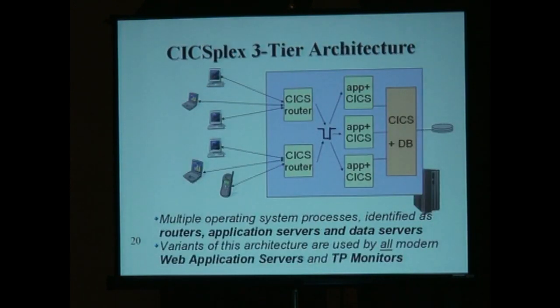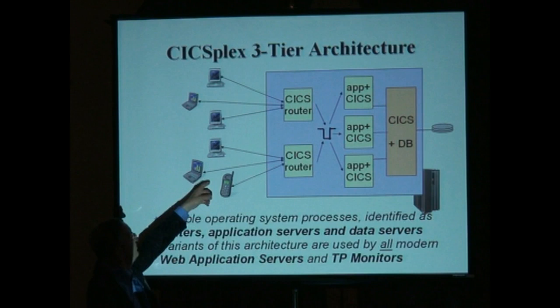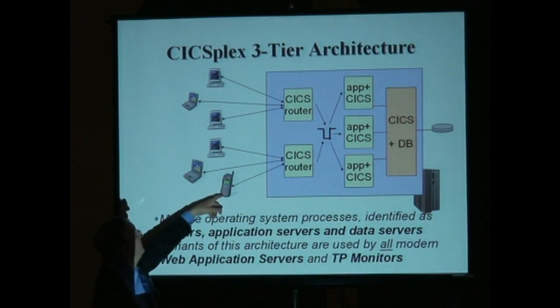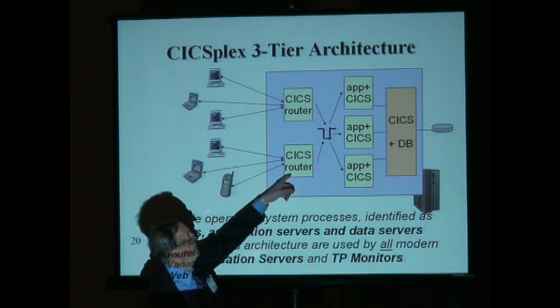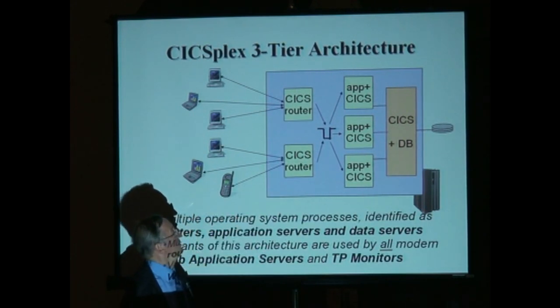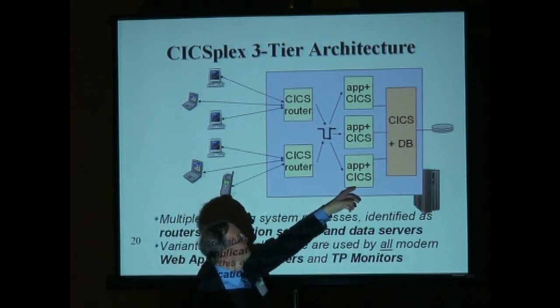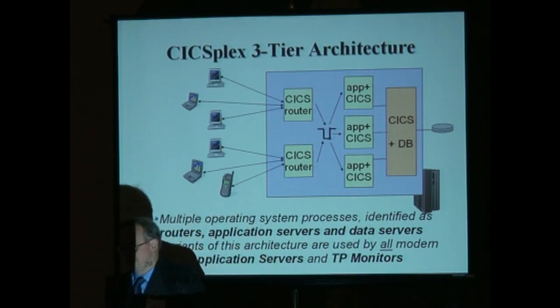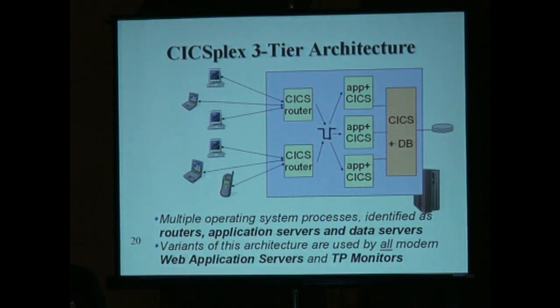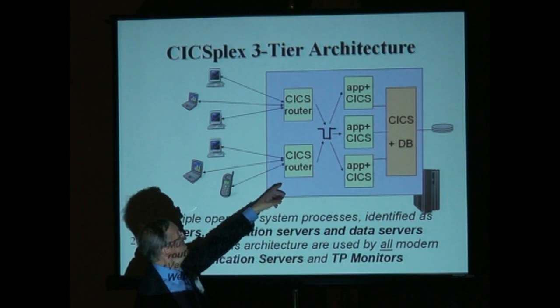And in fact, one common way of using this capability is in the so-called three-tier architecture, which again is now widely used in the web and so on, where the device, whatever the device might be that you're using, talks to a CICS routing region, which then talks to CICS application regions and, finally, a CICS data region, which is running the database. And this gives you all sorts of advantages.